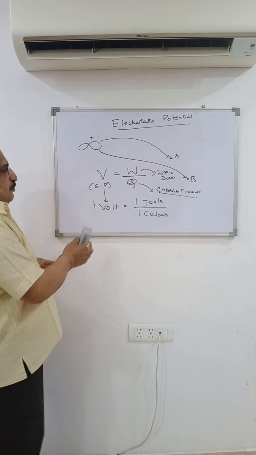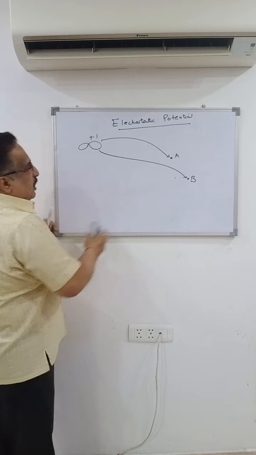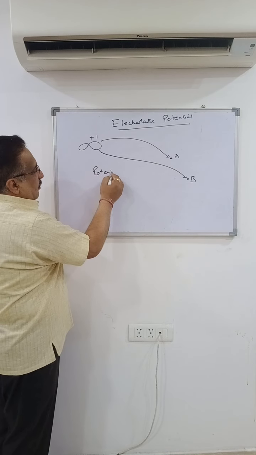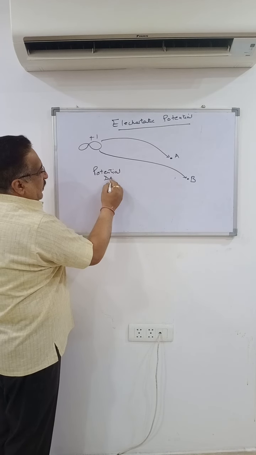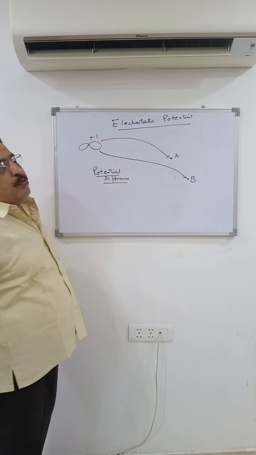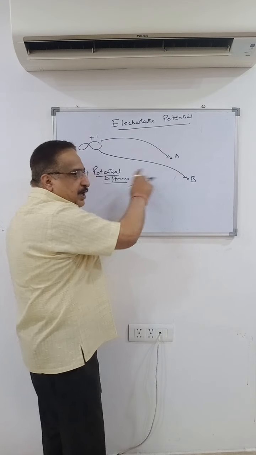The next topic is potential difference. Potential difference is always between 2 points. For example, what will be the potential difference between A and B?